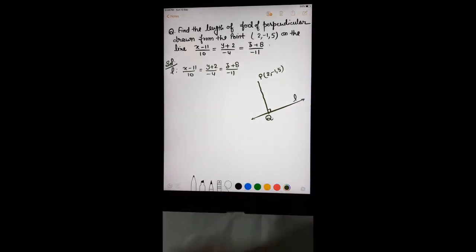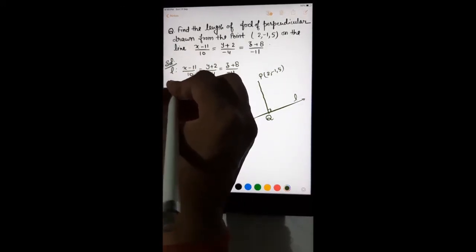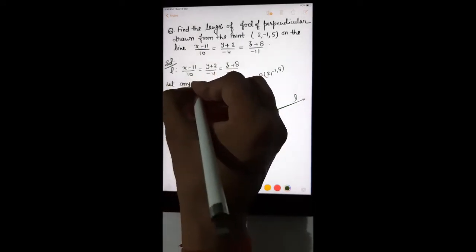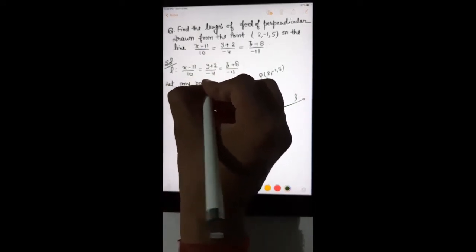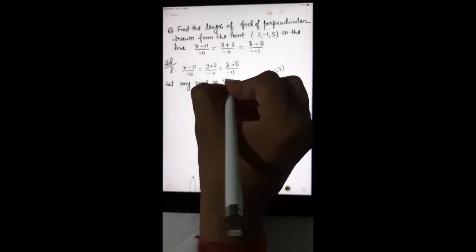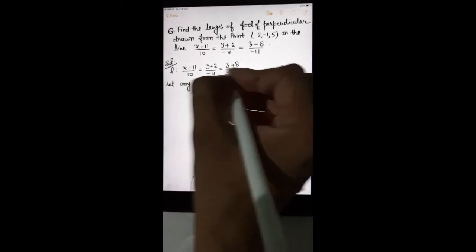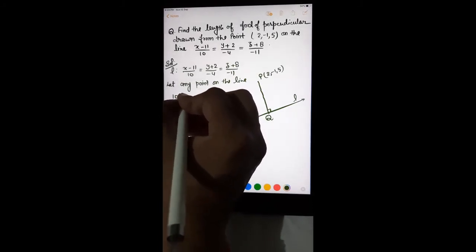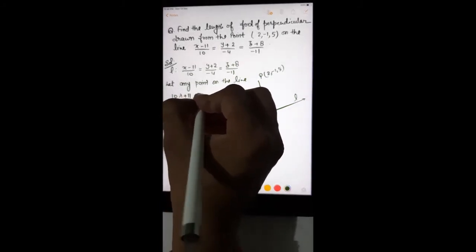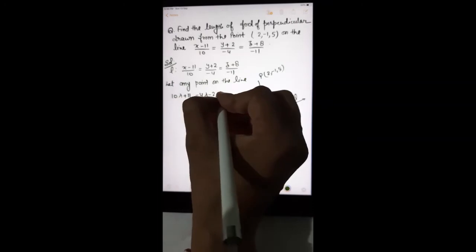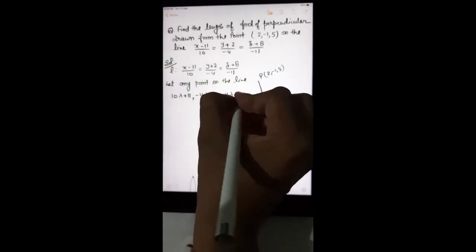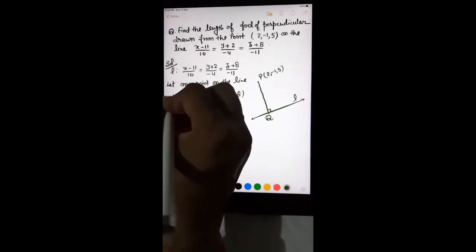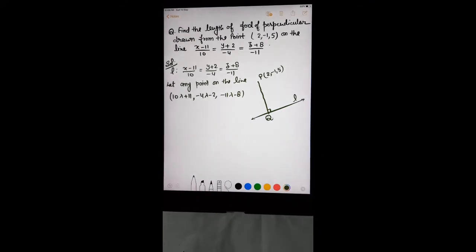This is line L. Now for this, let a general point on the line be 10 lambda plus 11, minus 4 lambda minus 2 and minus 11 lambda minus 8. This is the point on the line.